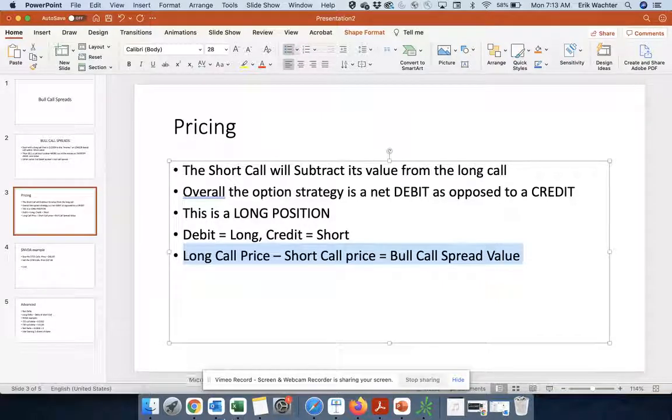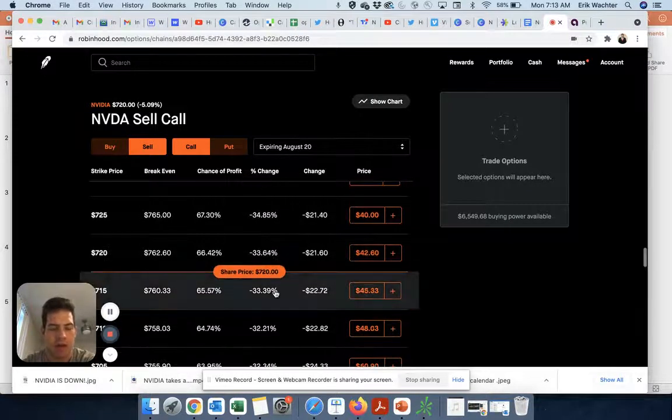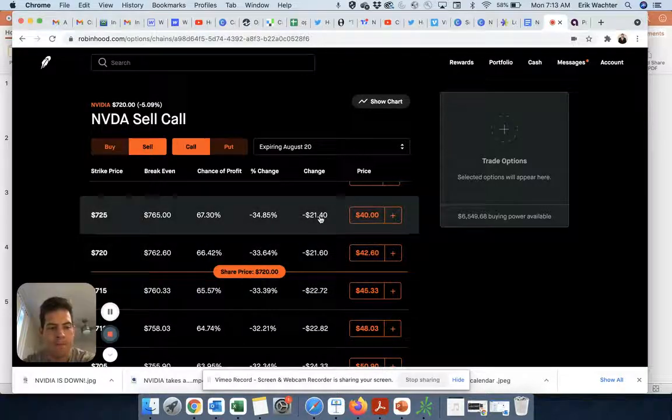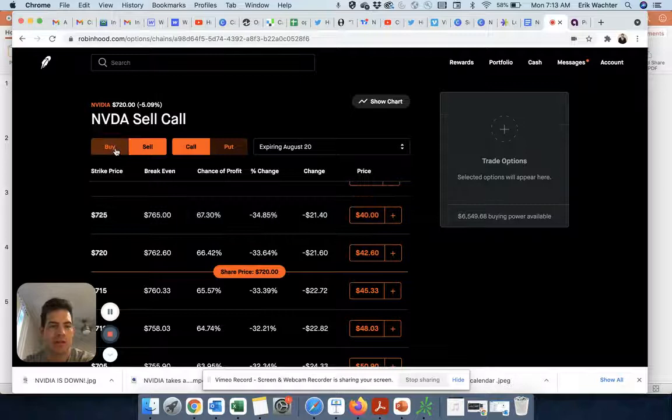So let's go to the options chain just to show you. I have NVIDIA up here, a stock I've been talking about lately as it's dropped. Let's say you think NVIDIA is going to go up, but you don't have that much money and you don't want to take on that much risk. So instead of just YOLOing and buying a $4,000 call, let's set this to buy.